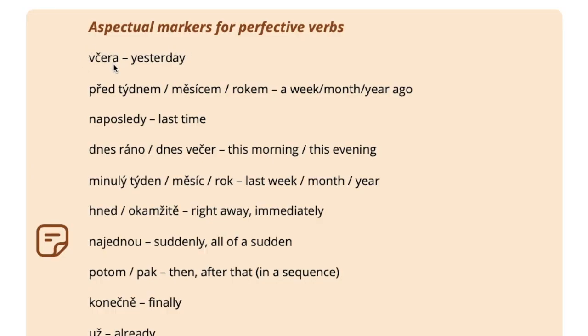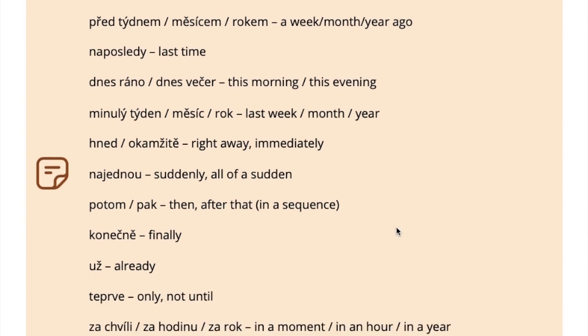Například včera, yesterday, před týdnem, před měsícem, před rokem, a week, a month, a year ago, naposledy, the last time, dnes ráno, dnes večer, this morning, this evening, minulý týden, minulý měsíc, minulý rok, last week, last month, last year.